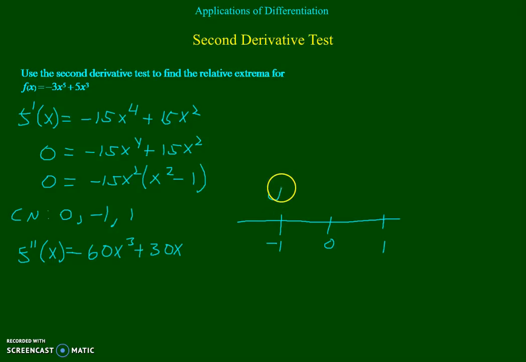And if it's concave up, we have a minimum. So let's go ahead and evaluate at 1. Negative 60 times 1 is negative 60, plus 30 is negative 30. So this is concave down, and so we have a maximum.